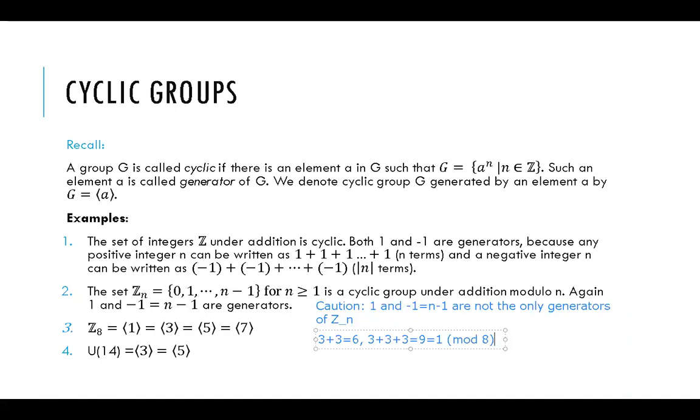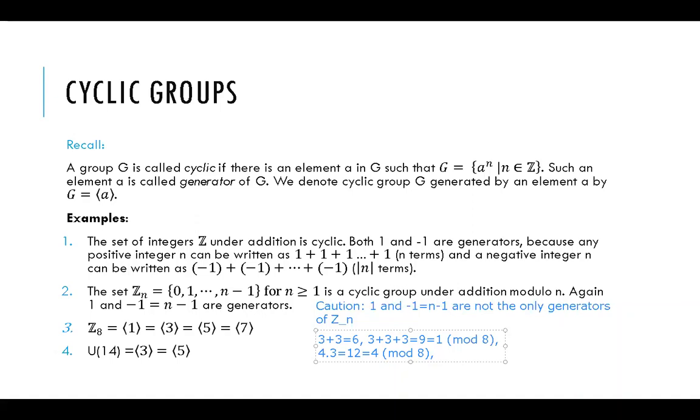Similarly, so now I have 3 itself is there, 6 is there, 1 is there. Now what other elements are there? We have 4 times 3, which is equal to 12 and is congruent to 4 mod 8.